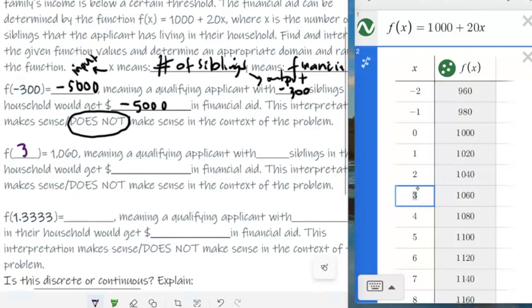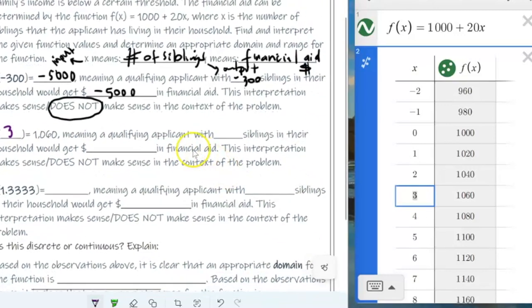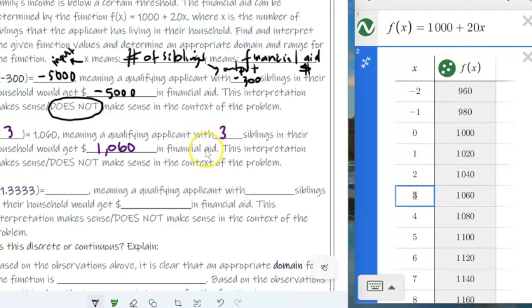So now you have to say, what does that mean? Well, my input is 3 siblings. If I have 3 siblings, I'm going to get $1,060 in financial aid. So you just have to write that down. Meaning, a qualifying applicant with 3 siblings in the household will get $1,060 in financial aid. Does that make sense?